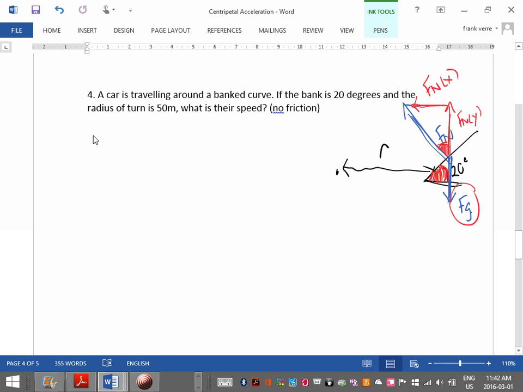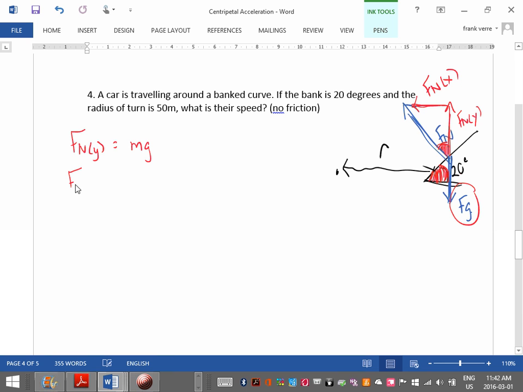We know that this object is not going up or down. There's no vertical acceleration, so we know that the normal force in the y is equivalent to the weight. Does that make sense? We also know the normal force in the y is what then?